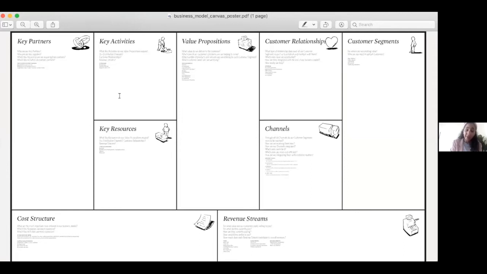Our key activity to provide this value proposition is gathering the data from our customer demographic and entering that data in order for our algorithm to understand our customer and deliver that value to them.